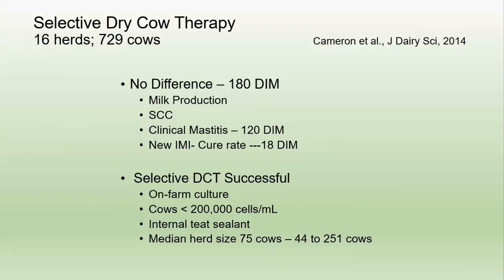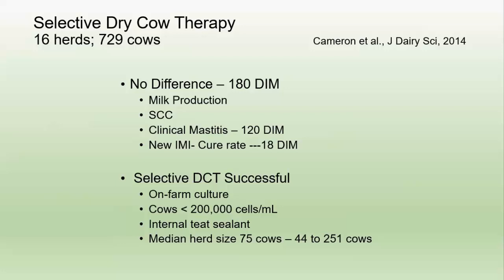With this greater selection process, or better discrimination to pick truly infected cows from non-infected cows, this study did succeed in demonstrating that selective dry cow therapy may be beneficial, or at least certainly a possible option.